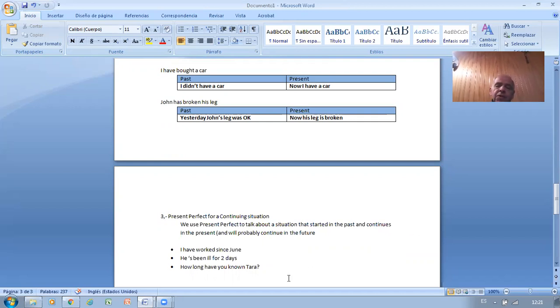Okay. So the idea here is that you use the present perfect about something that started in the past but continues in the present. Look at the difference if I say, I worked there in June, or I have worked since June.